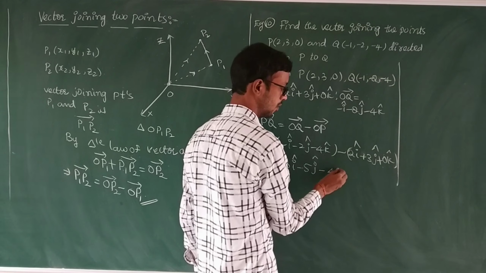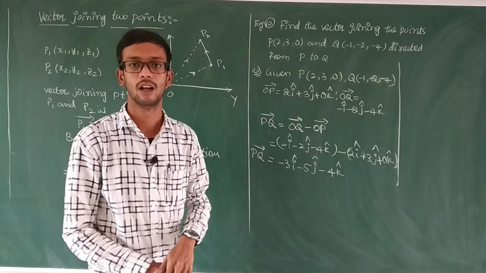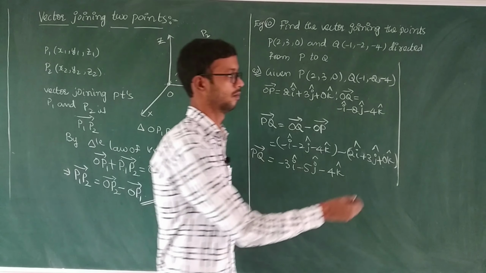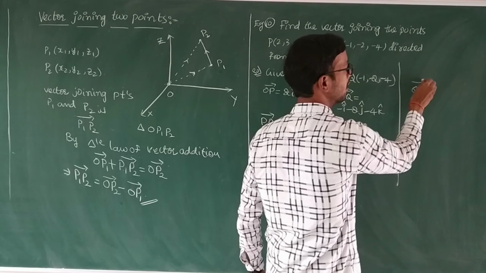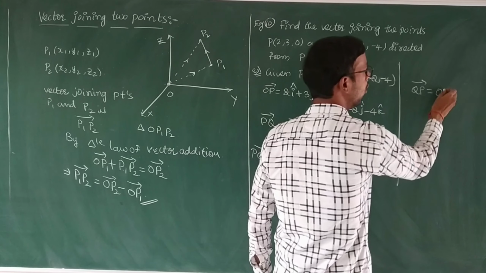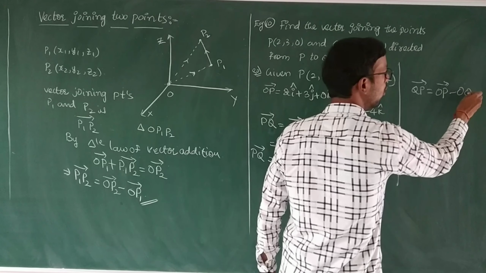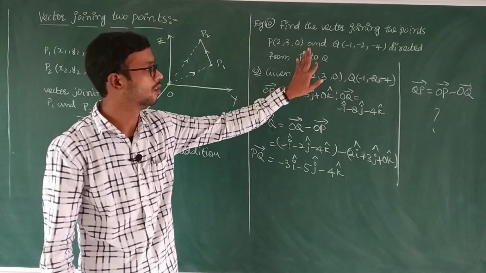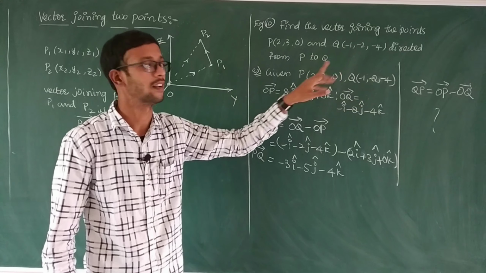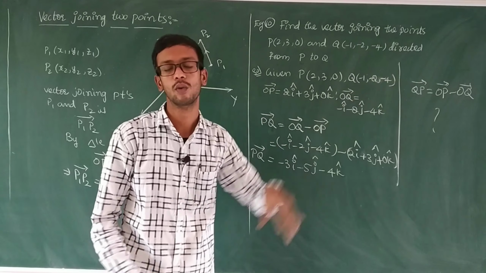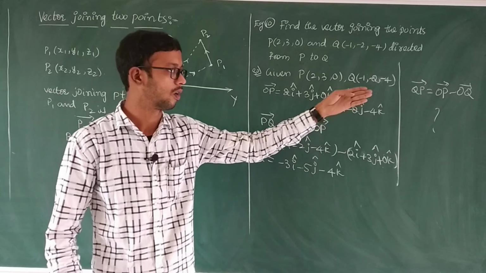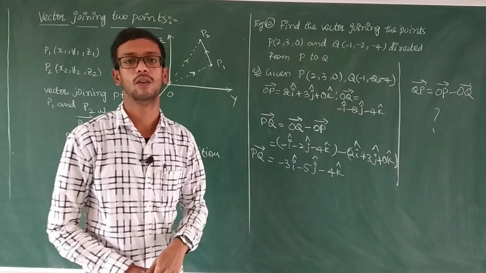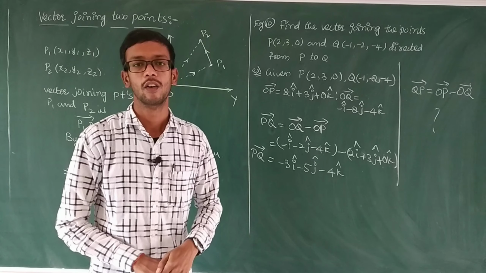So this is the vector joining the points from P to Q. If it asks Q to P, what can we find? OP bar minus OQ bar. You just have to change Q to P. From Q to P, the vector QP bar we write as OP bar minus OQ bar. Same way you can find that problem.